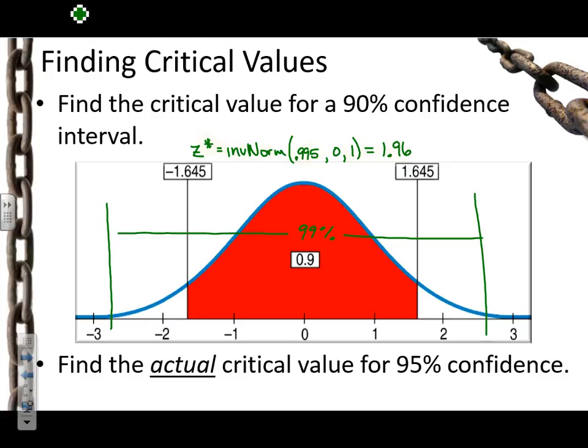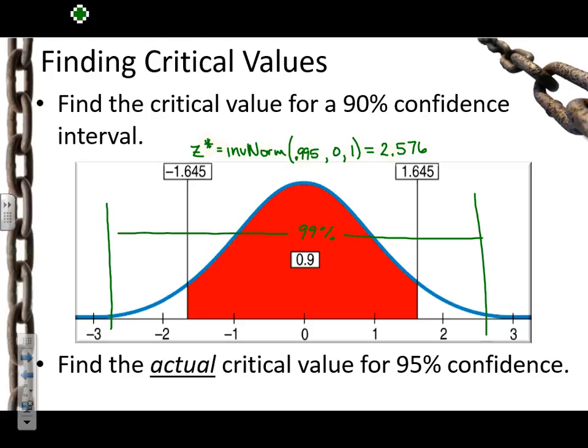And so if you do that, what do you get for a Z star? Okay, so you get about 2.576. And sometimes, depending on the book, they'll round that to 2.58. So you can use 2.576 or 2.58, doesn't really matter. But this is a third one that I would just go ahead and memorize.